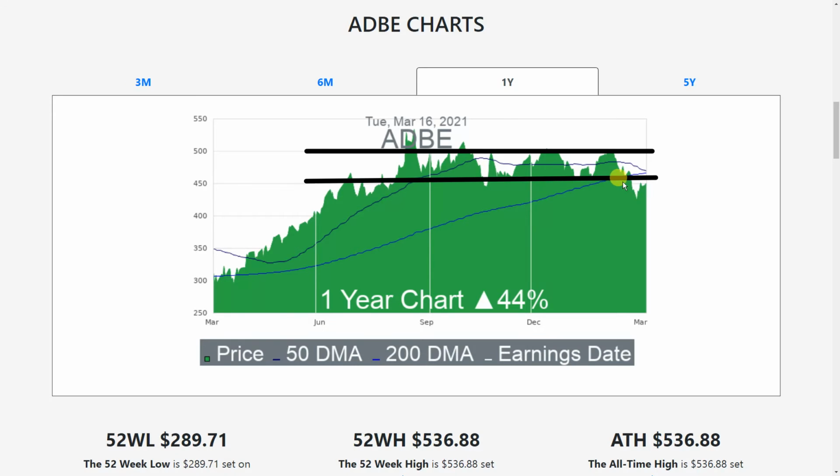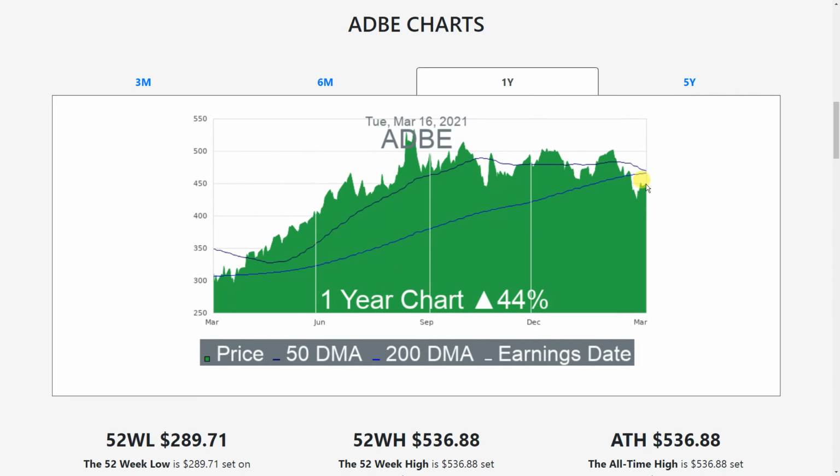Then the one thing I do want to do is give a little bit of a warning here. I'm going to remove these trend lines for a moment. So there is a risk, obviously, with trading and investing. The risk right here is the price is below both moving averages. Not just when it was in the trading range, it was just going up and down the 50-day moving average, but now it's a little bit different.